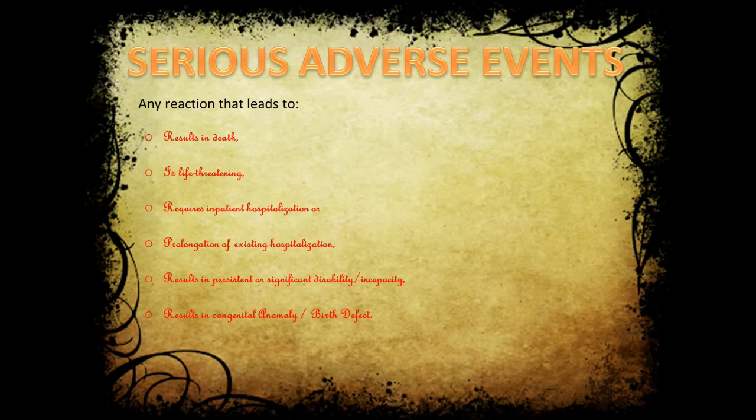So, how will we know that an event is serious? There are some categories in pharmacovigilance, and if it is directly reported that the adverse event causes the following things, then we consider that adverse event as serious. These are known as seriousness criteria in pharmacovigilance.